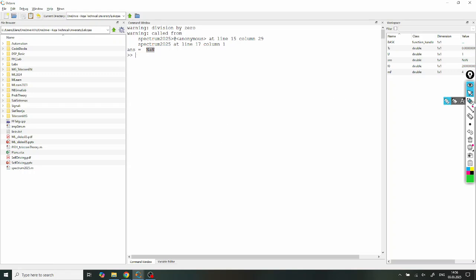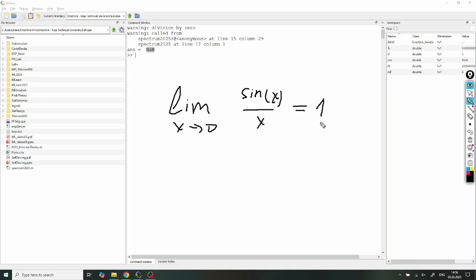Well, if you had a calculus, higher mathematics course, then you should know that there exists such a remarkable limit when x is approaching 0 of sin x versus x, which should actually be equal to 1.